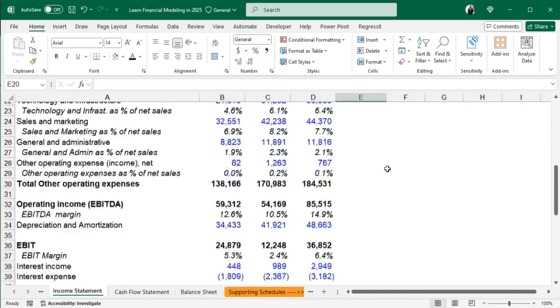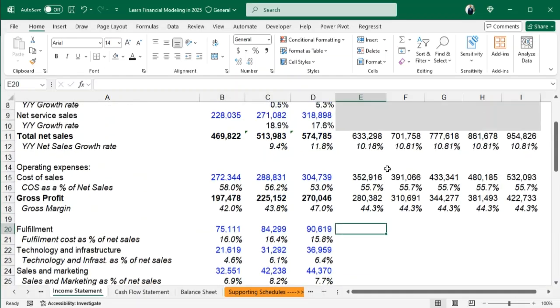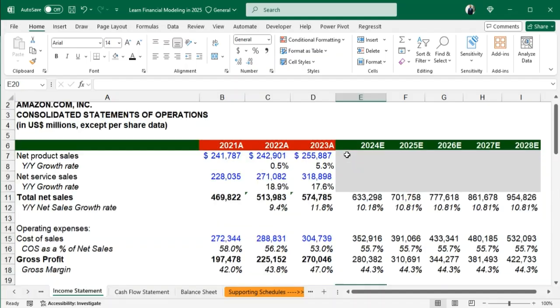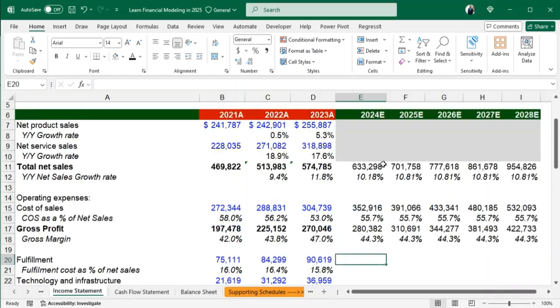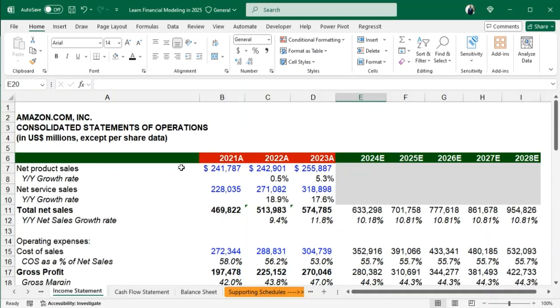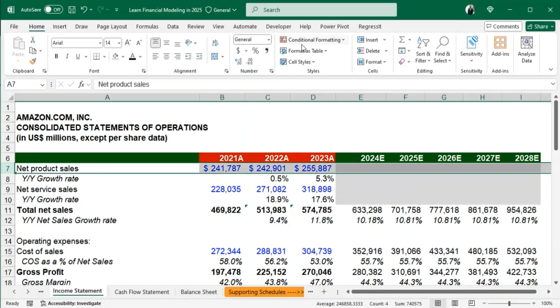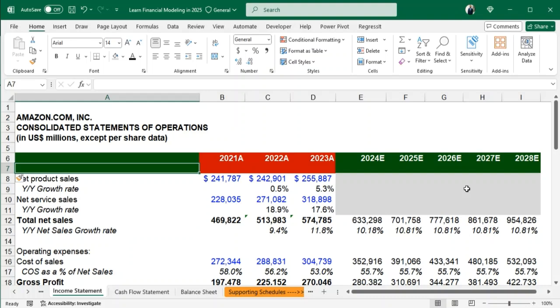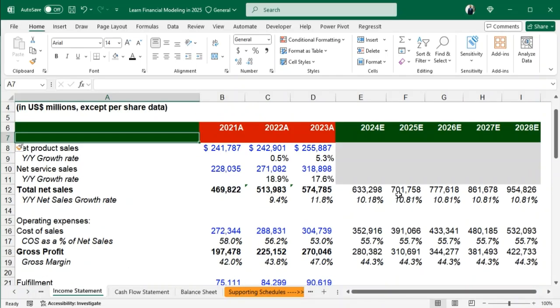Now you could observe that once I scroll down, our years at the top here are disappearing. So in order to prevent that, first of all, let me insert a line here. I'm going to freeze the panes so that when I'm scrolling down, I'll be able to see the year under which we are working.